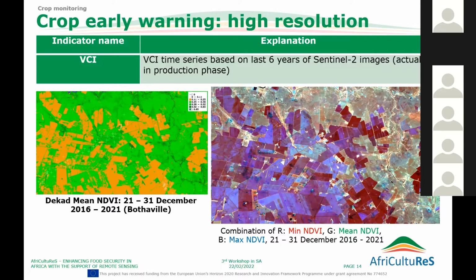And this just shows the distribution of the NDVI averaged on these 6 years of Sentinel-2 images. On the other side, we have an RGB combination of the minimum, mean, and maximum NDVI value computed for the 6 previous years. Then, based on this, we can compute these early warning maps.